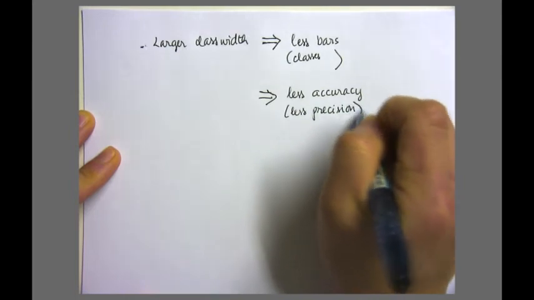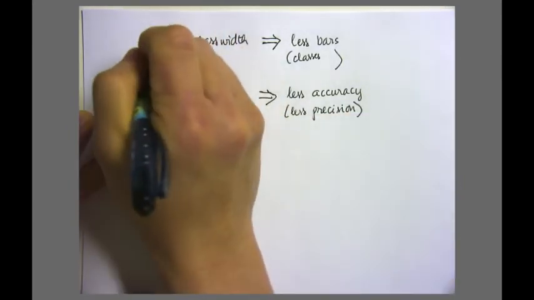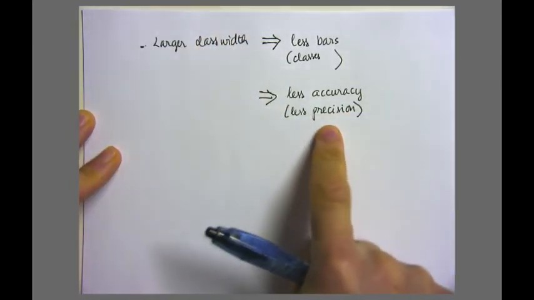So the larger the class width, the less precision we're going to end up with.